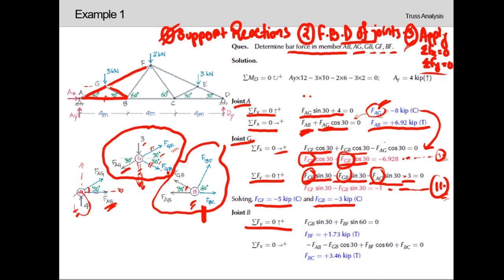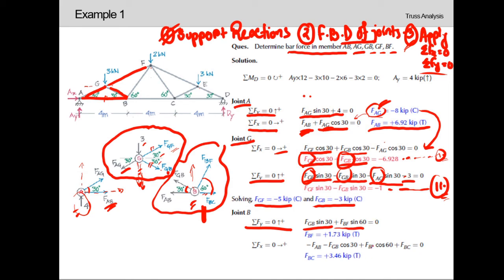As the angles are given with the horizontal, it will have its sine component in vertical direction, so FGB sine 30, which is acting in upward direction, so FGB sine 30 positive, and FBF sine 60, which will be acting in upward direction, so plus FBF sine 60 equals 0.